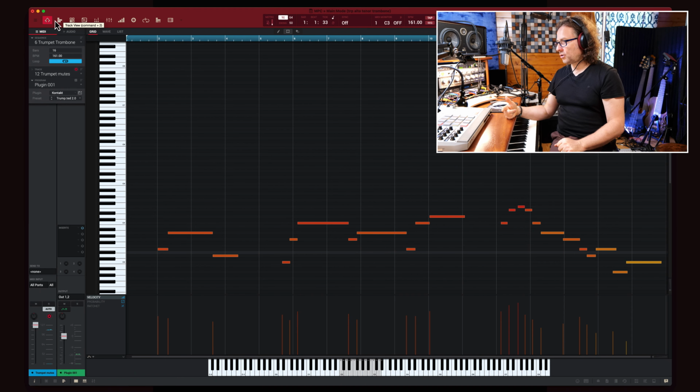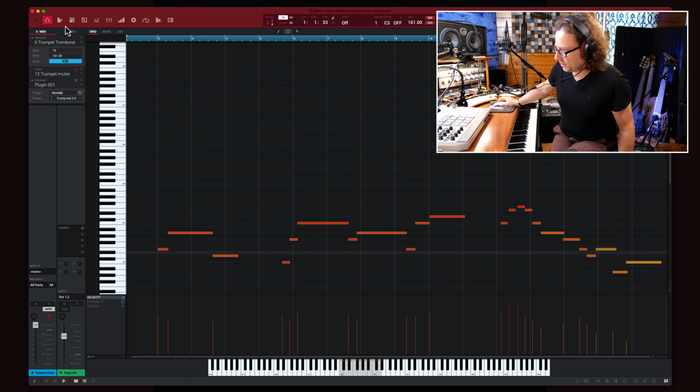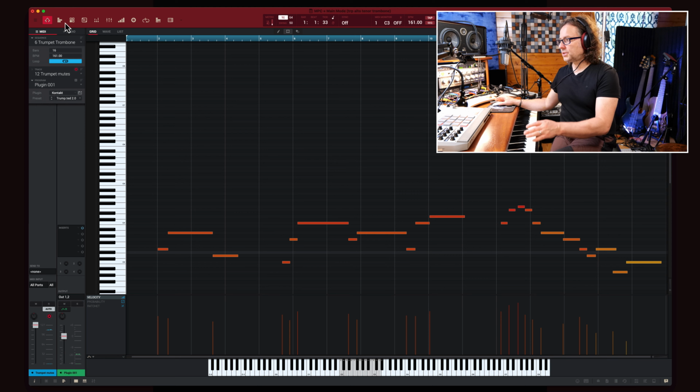Remember, when you write for such an instrument and such a mute, consider the fact that this trumpet player has to stop playing, grab that mute, stack it in, and then play it again. And after that, he needs at least 3-4 measures to disconnect the thing and put it away and play again.